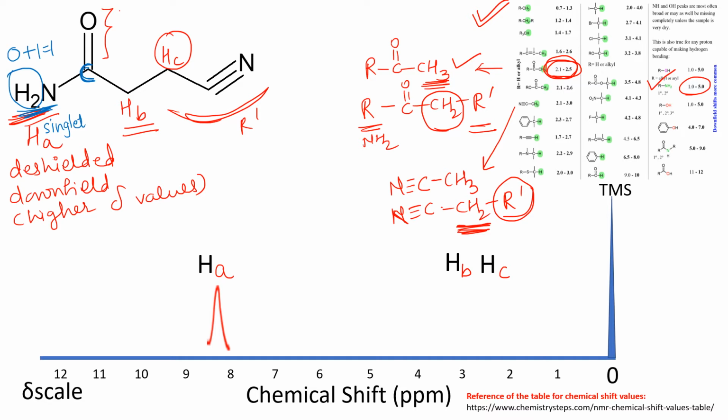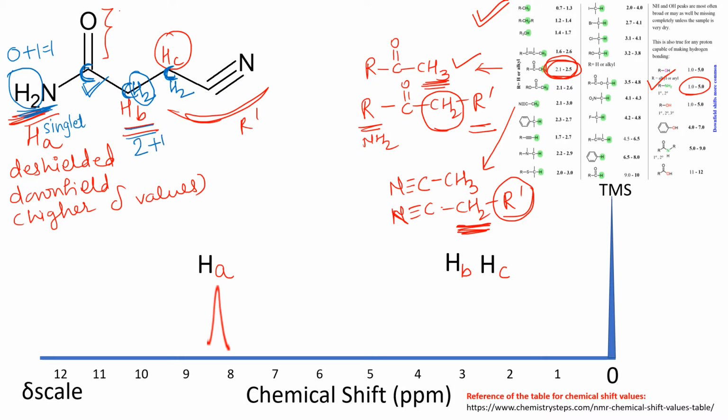Let us talk about HB. HB means these two hydrogens. Adjacent to this carbon there is the carbonyl group, on which there is no hydrogen, and on the other side there is a carbon with two hydrogens. So adjacent to HB there are two hydrogens.